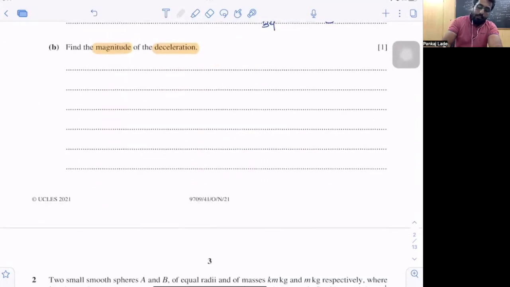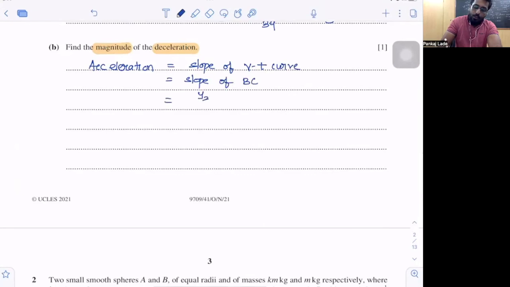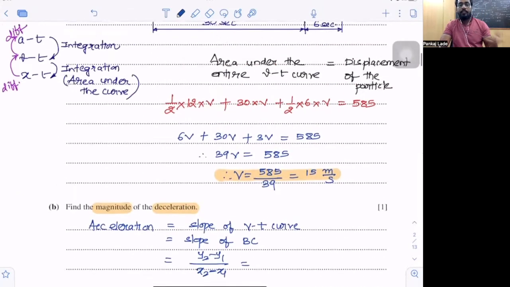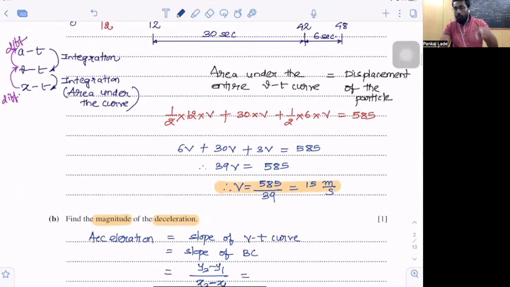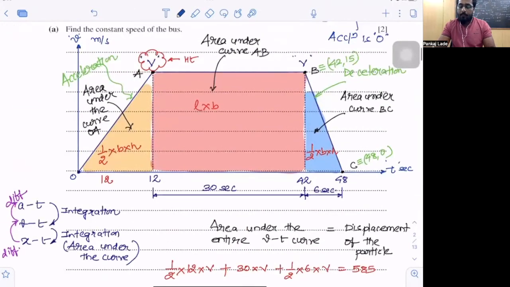So I can now say acceleration or deceleration, AT curve. Acceleration is going to be the slope of the VT curve, that is the slope of BC, that's y2 minus y1 divided by x2 minus x1. No need to write all this stuff. You just know how to find the slope of BC, get the coordinates of B and C. Of course, you need to show the coordinates of B and C in the diagram.